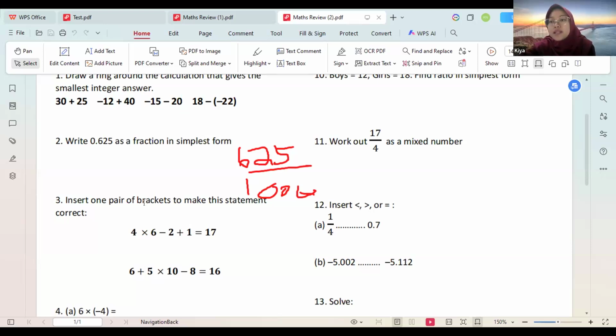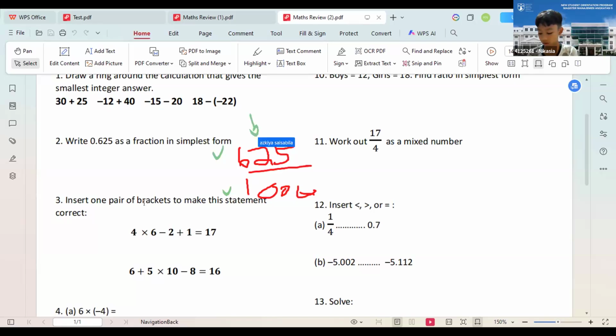You have to find the number that can divide this number and the second number. You can try the smallest number first, like 2. Because you cannot divide this by 2, right? Because this is an odd number.